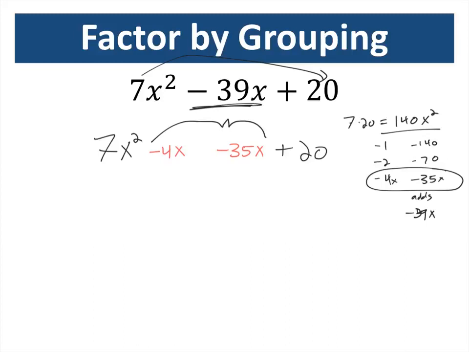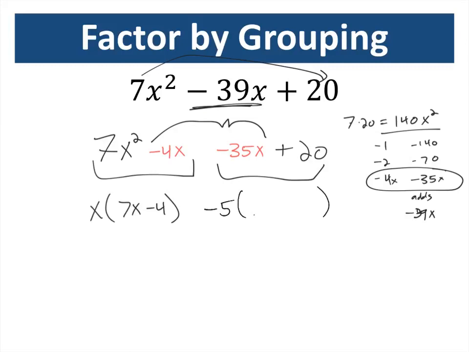When I'm looking for common factors of these two groups, it looks like the only thing that I can pull out is an x. So x times 7x minus 4. And in this second one, I see that 5 goes into 35 and 5 goes into 20, so I'll pull out a negative 5.